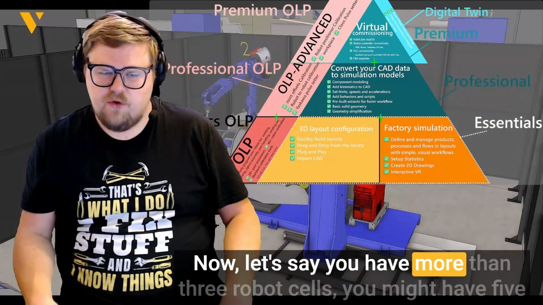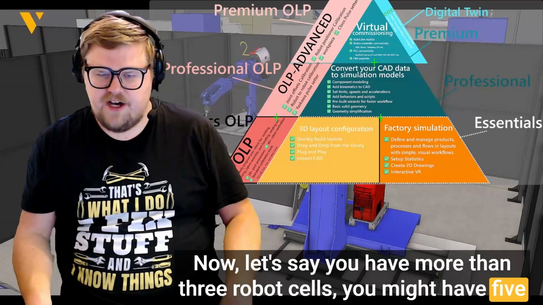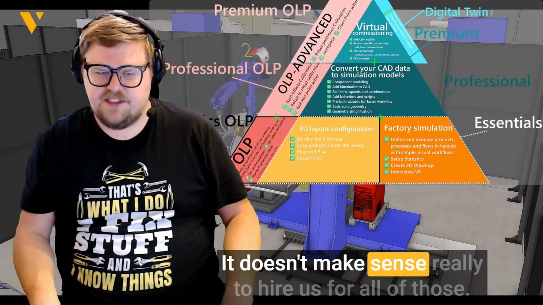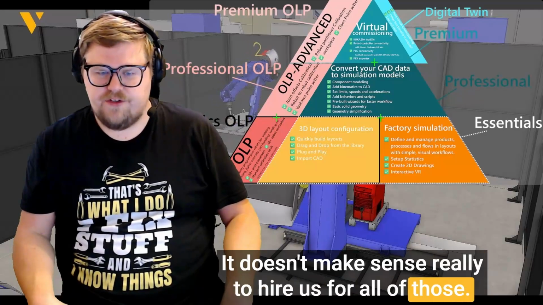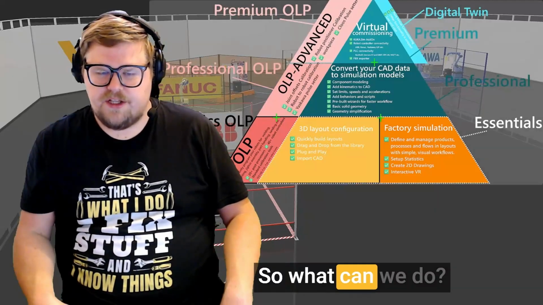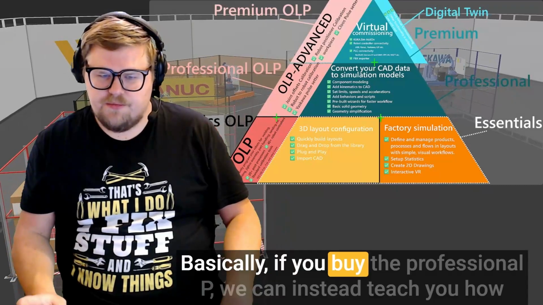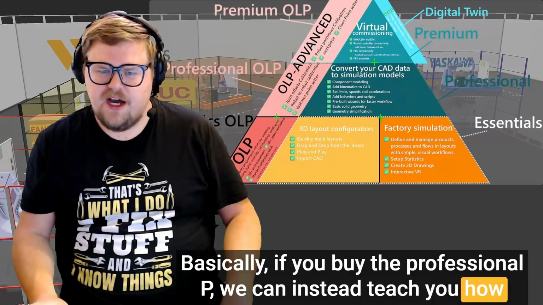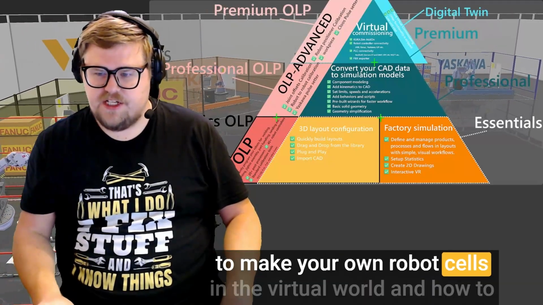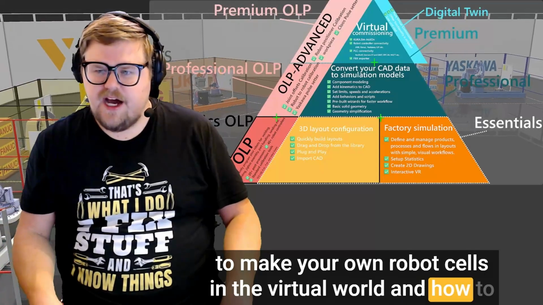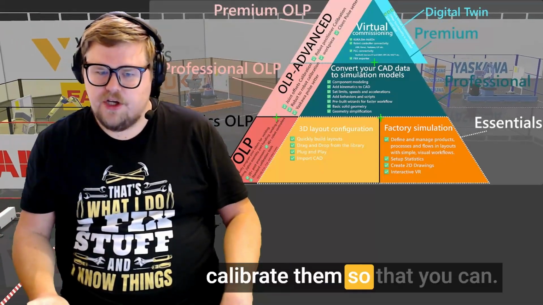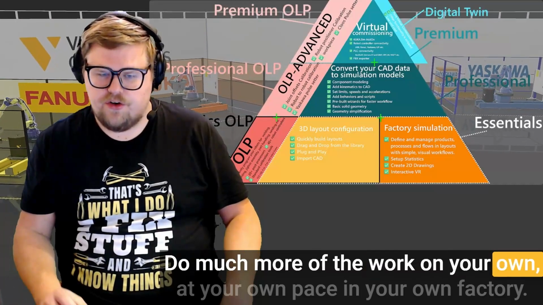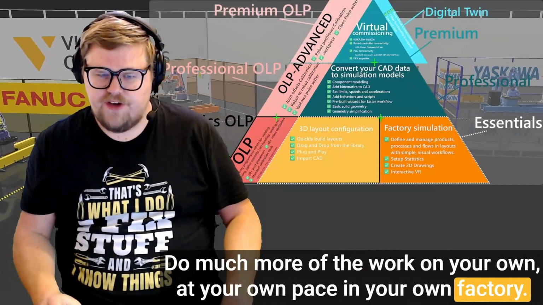Now let's say you have more than 3 robot cells. You might have 5 or 10 or 100 robot cells that you want to do. It doesn't make sense really to hire us for all of those. So what can we do? Basically, if you buy the Professional OLP, we can instead teach you how to make your own robot cells in the virtual world and how to calibrate them so that you can do much more of the work on your own, at your own pace, in your own factory.